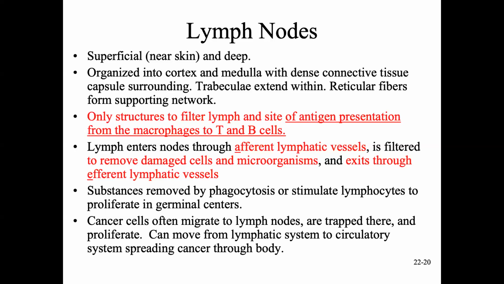But if you have a key that looks similar, it might even go into the lock, but it doesn't completely match. Because it doesn't completely match, you can't move that lock. You can't open up that door, because there's not a complete match. That's the same thing that we see here. In T cells, we have a receptor that specifically has a certain shape, and it can only bind to something that matches that shape perfectly.